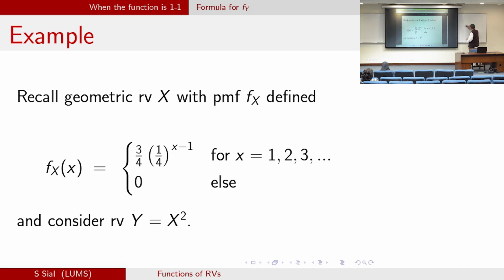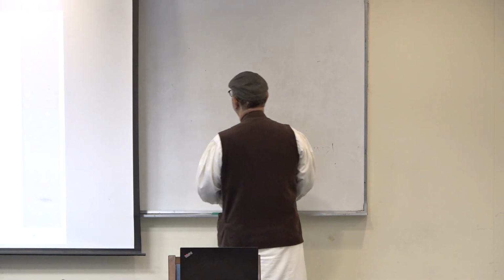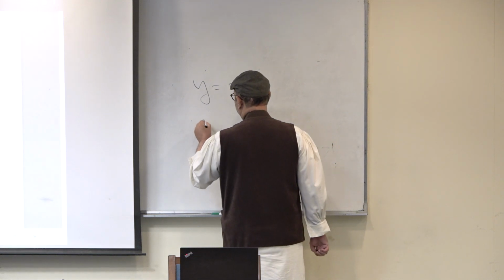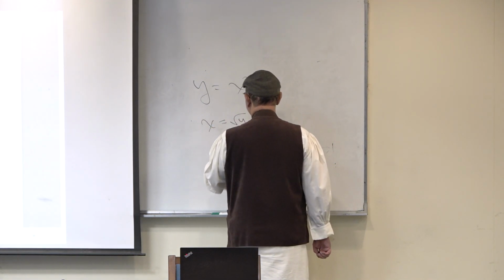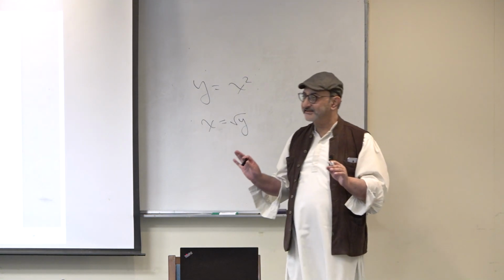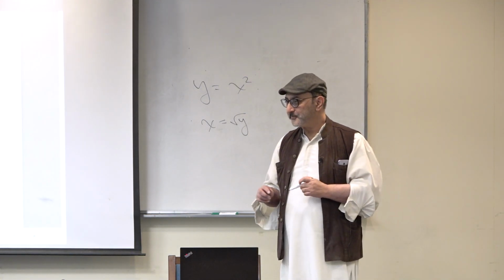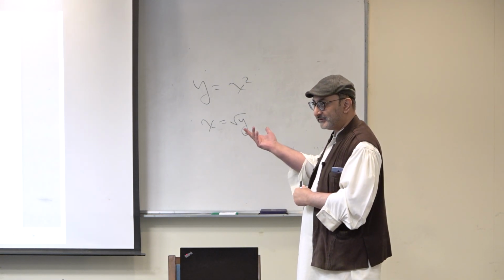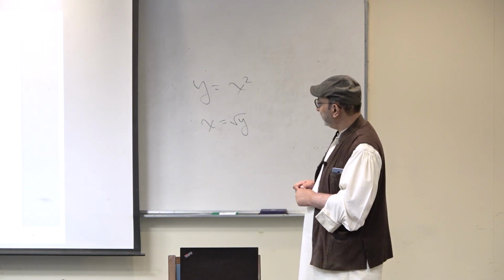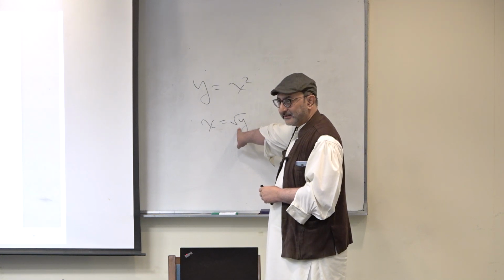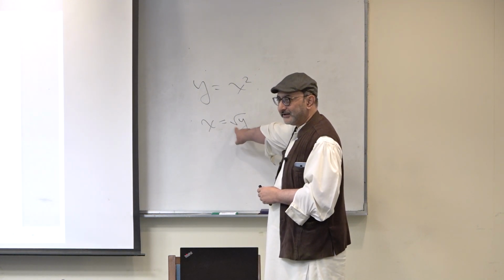So y equals x squared, and x is equal to root of y. It would be a problem if we could say plus or minus root of y, but there are no minuses involved here. X is never a negative number. So this is the inverse transformation that we're talking about, the v of y.